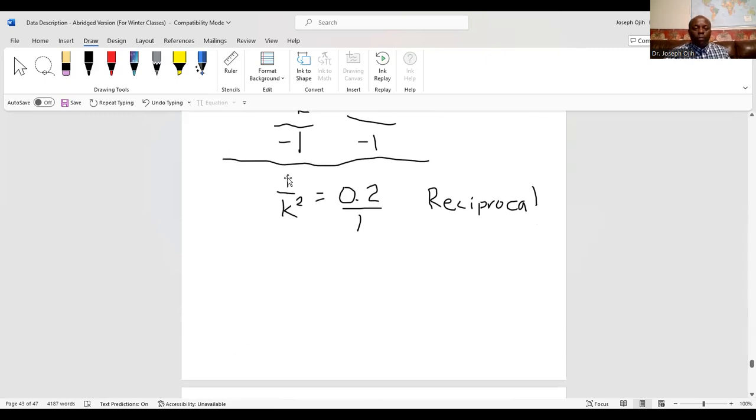So if you flip this one, it gives you k squared equals, then you flip this one, 1 over 0.2.